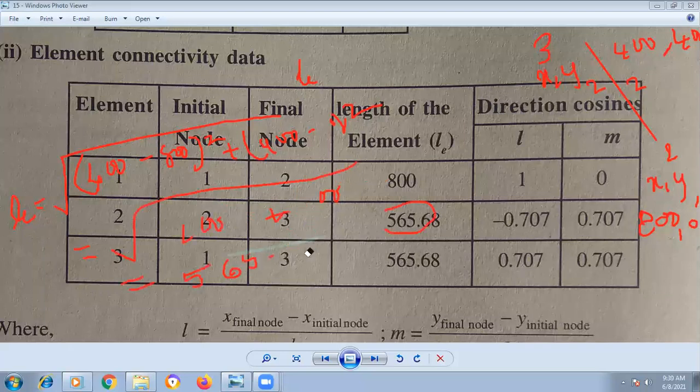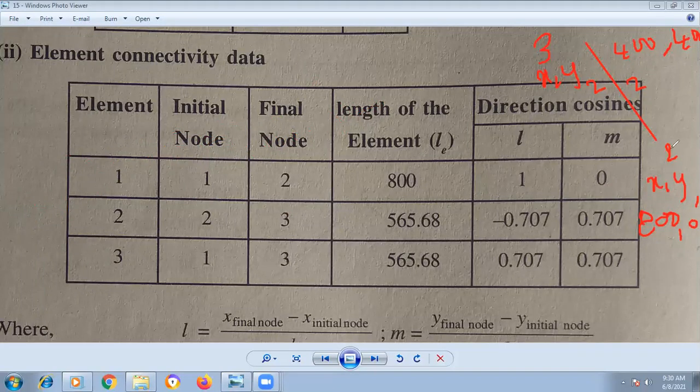Okay. Now, next, we have to find the direction cosines. So how will be the value of theta? If I am measuring theta, it is at the initial node. If I take node 2 as initial node, with respect to that, theta is somewhere lying between 90 degree and 180 degree.